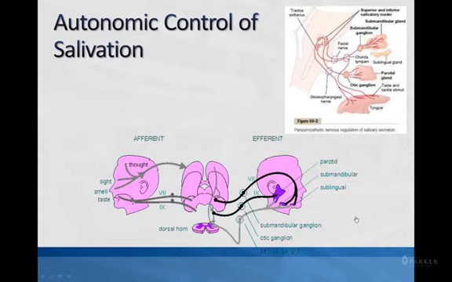You can also have reflexes that originate in the stomach and the upper intestine, where irritating substances down there send information up to the brainstem, and it's going to start to increase salivation because it's kind of a preemptive strike. If you're going to start to vomit, you want to protect that oral cavity from all that acid that's going to be coming up.